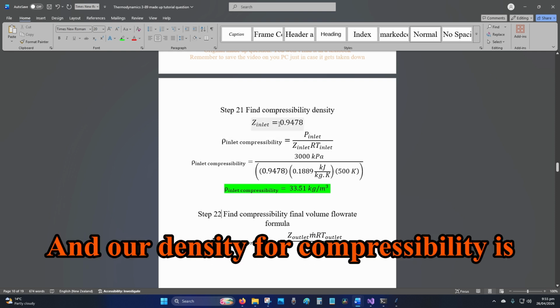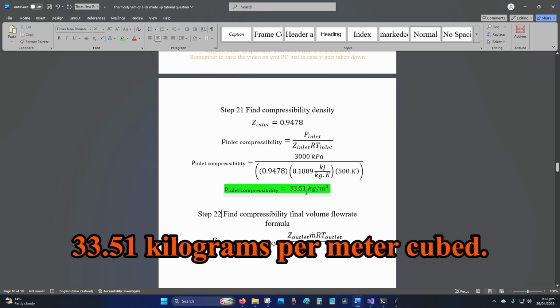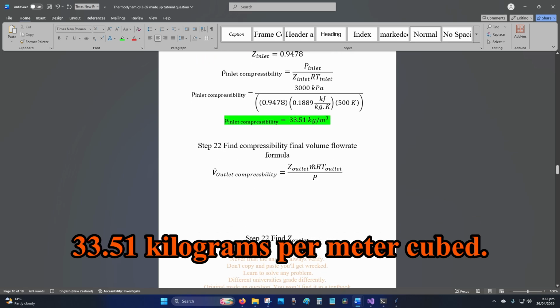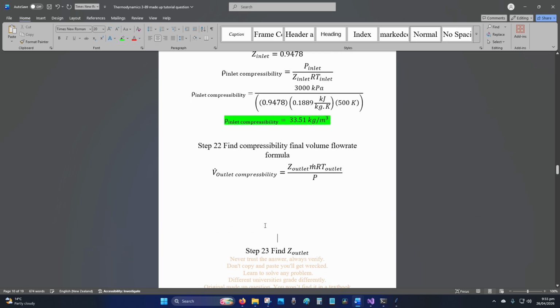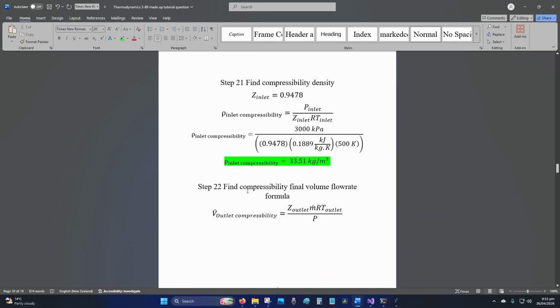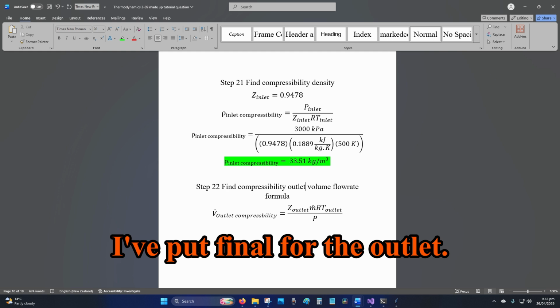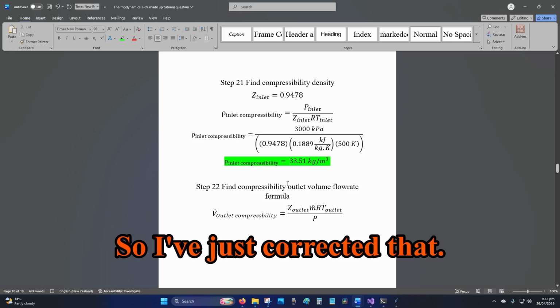So we just plug and play, and our density for compressibility is 33.51 kilograms per meter cubed. So step 22, find the outlet. My apologies, I've put final for the outlet, so I've just corrected that.